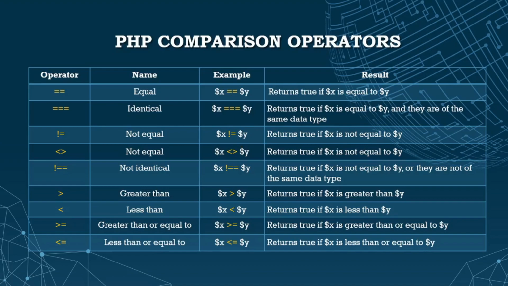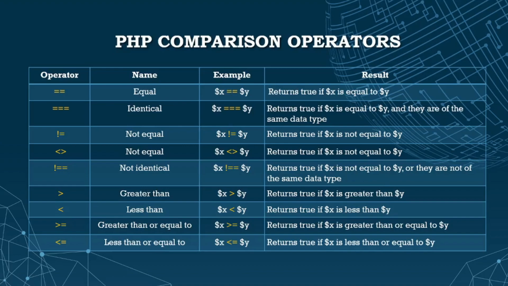Now, we also have yung sinasabing not identical. So, dito rin, we're going to compare, of course, yung value muna. And then, also check yung data type. Okay? So, basically, it will return true if the x is not equal to y and they are not of the same data type. Okay po.